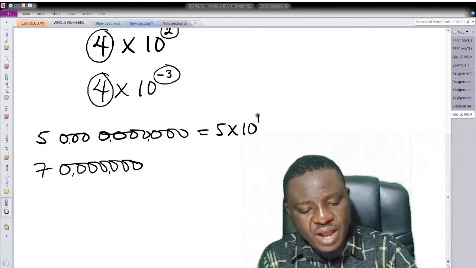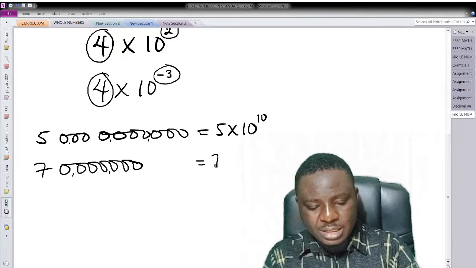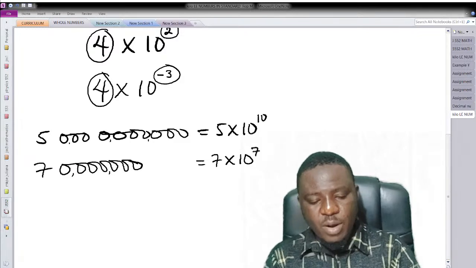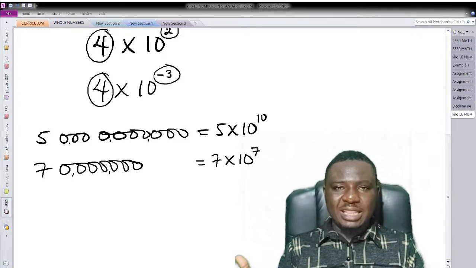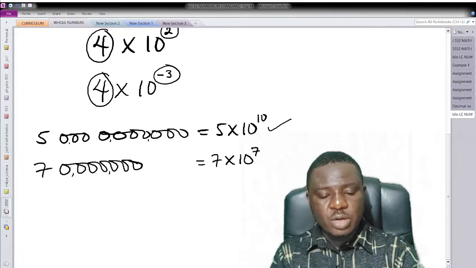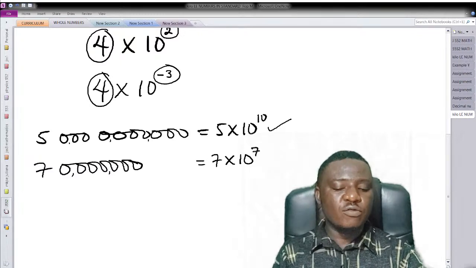So this is 5 times 10 raised to the power of 10, while the second number is 7 times 10 raised to the power of 7. Ordinarily looking at this, I can tell that 5 times 10 raised to the power of 10 is greater than 7 times 10 raised to the power of 7.